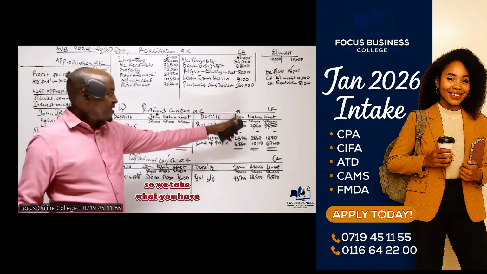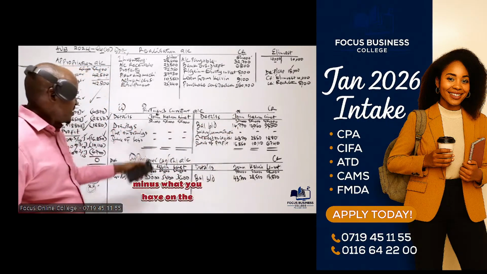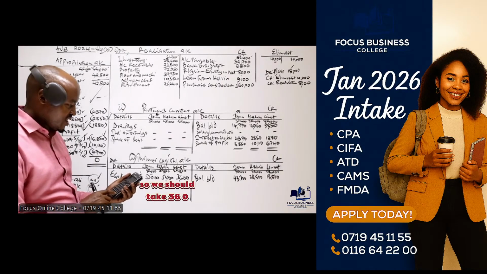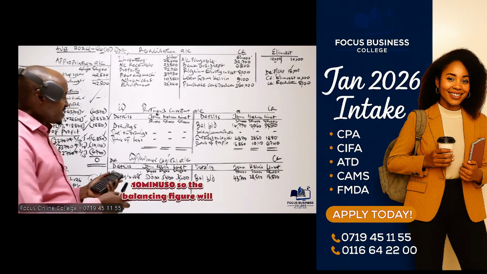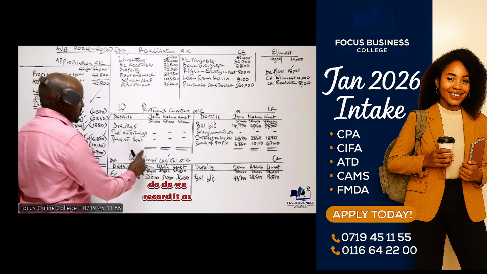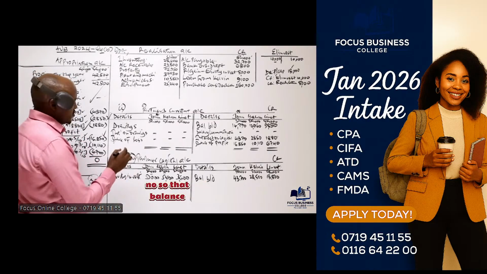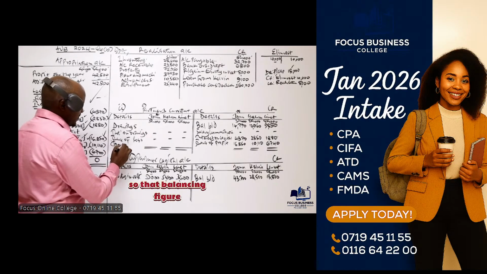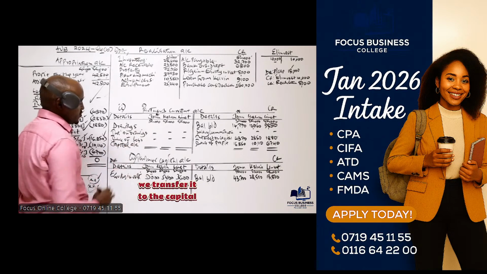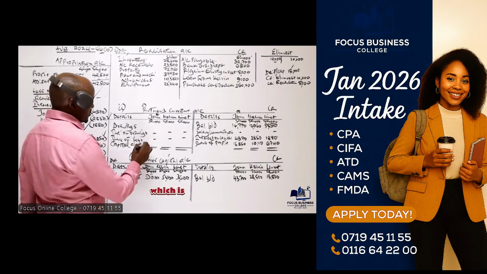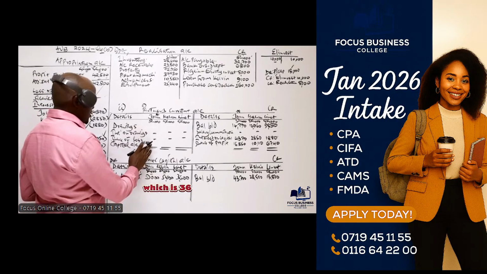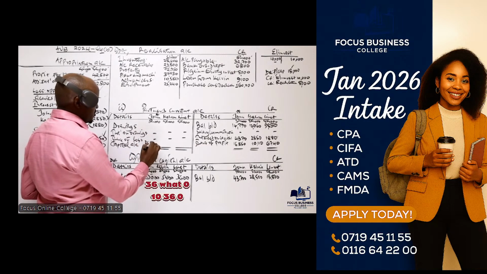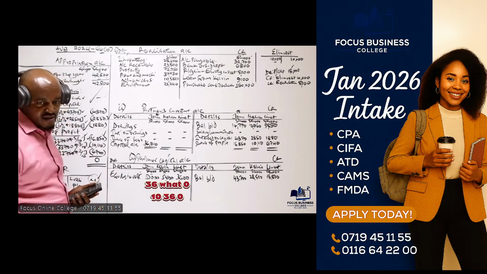So we take what we have on the credit side minus what we have on the debit side. On the debit side, we have 0. So we take 36,010 minus 0. So the balancing figure will be on this side. Do we record it here as a balance carried down? No. That balance, I've said, we transfer to the capital account, which is 36,010.